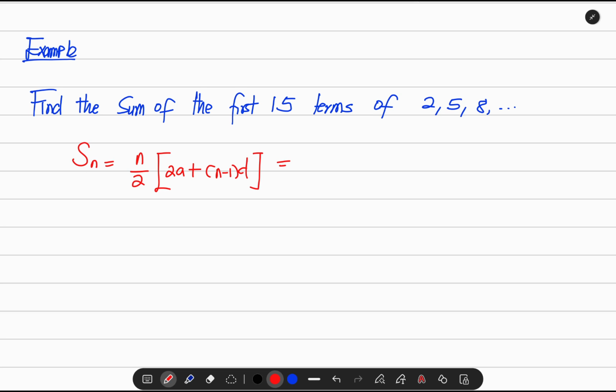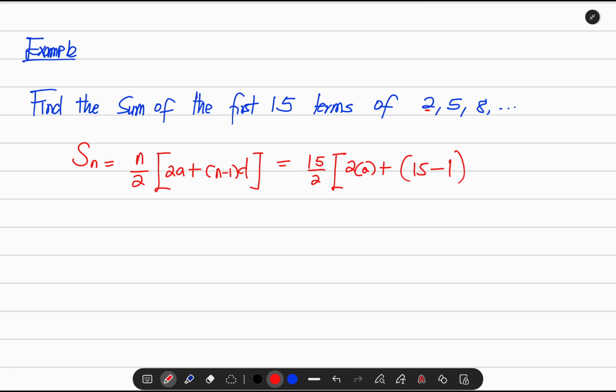Proceed. n is 15, so you put 15 over 2. Then 2a is 2 times 2, plus n minus 1, which is 15 minus 1.